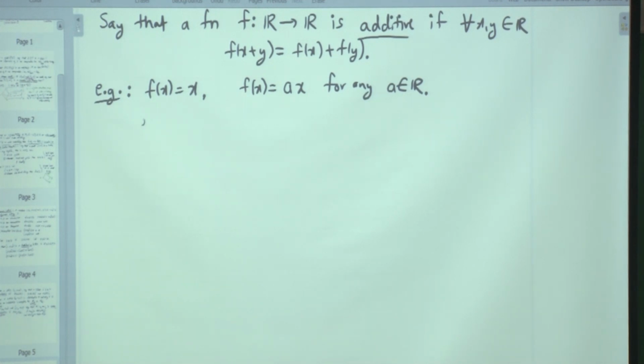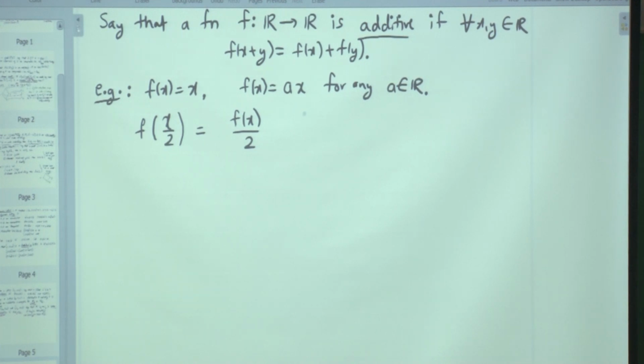So what happens when I want to say f of x by 2? Can you prove that it is actually equal to f of x divided by 2? How? f of x by 2 plus x by 2. Yes, because of additivity.